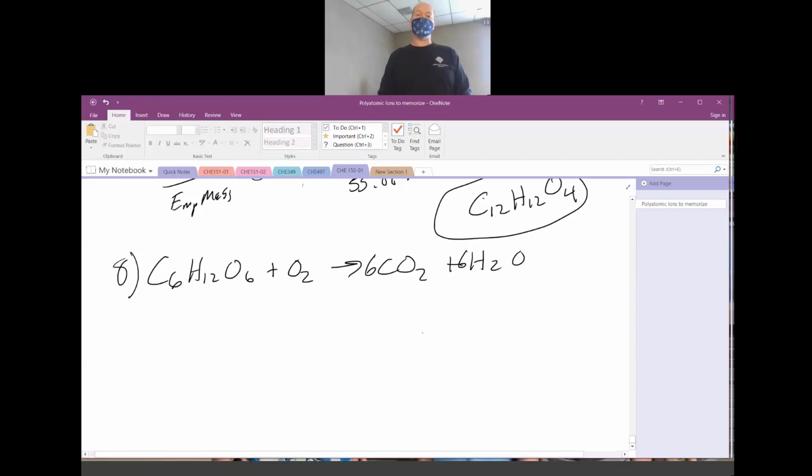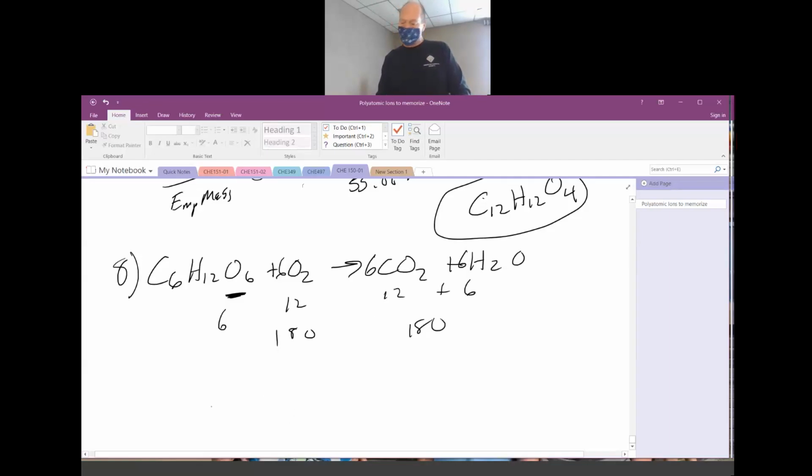And then we finally do our oxygen. Do not forget the 6 oxygens here, which a lot of people forget, and they only use this one. There's oxygen in both of them. This one has 6. All right, so on this side, we have 12 plus 6. So on this side, we need 12 plus 6. We need 18 oxygens on this side, and we need 18 oxygens on that side. All right, so there are the coefficients required for the complete combustion of glucose.